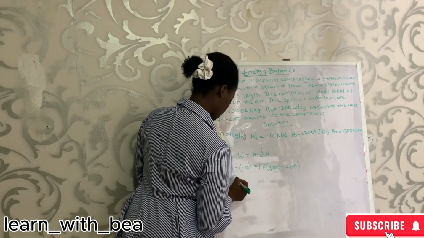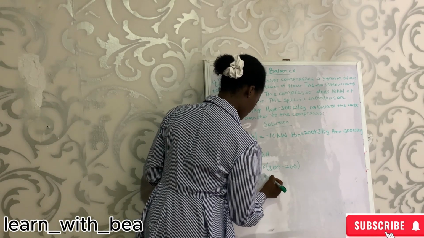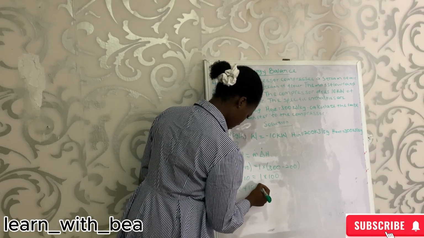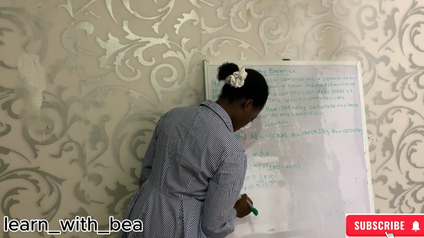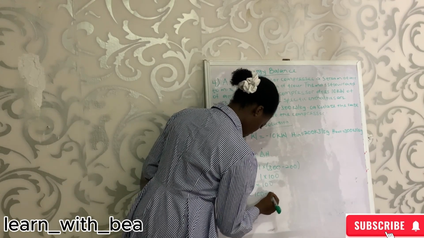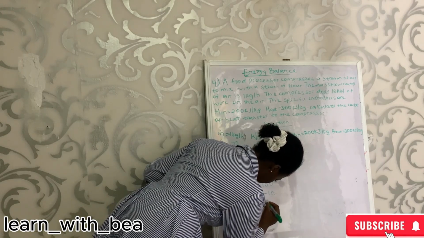This is Q plus 10 equals 1 times 100. That's Q plus 10 equals 100. Our Q equals 100 minus 10. So Q is 90 kilowatts.